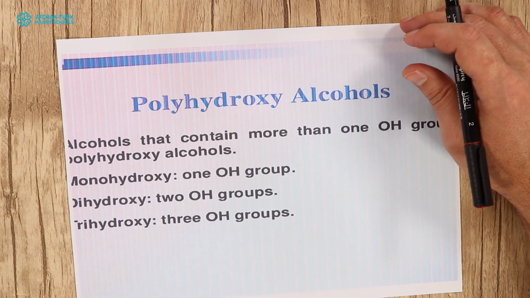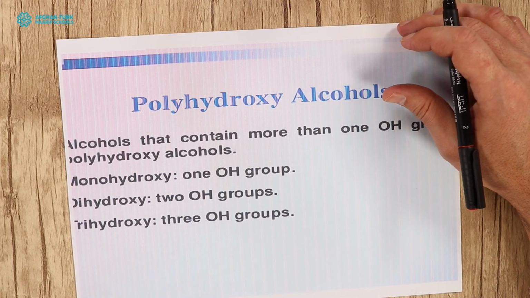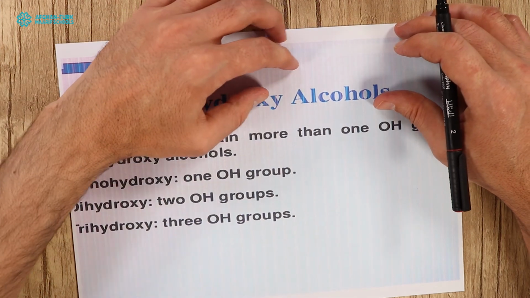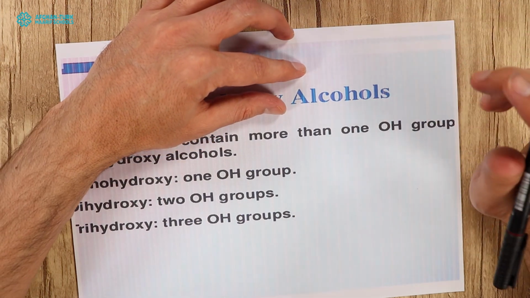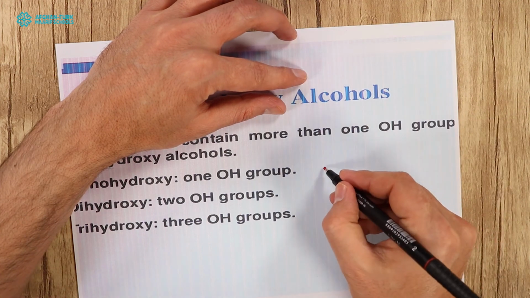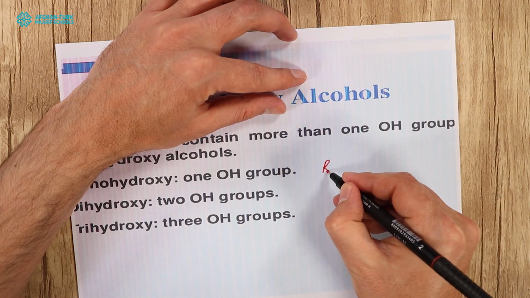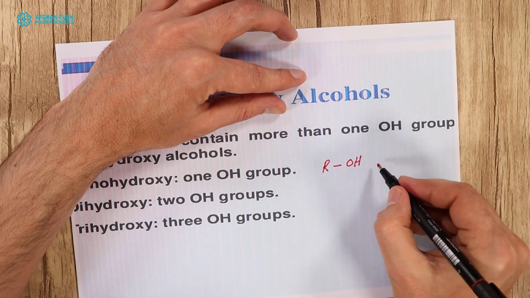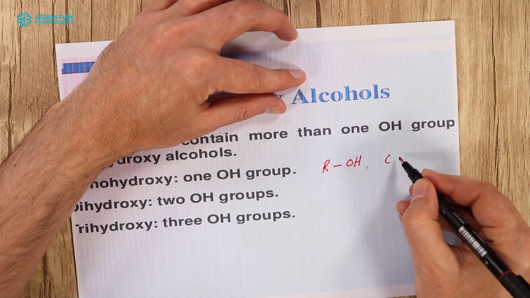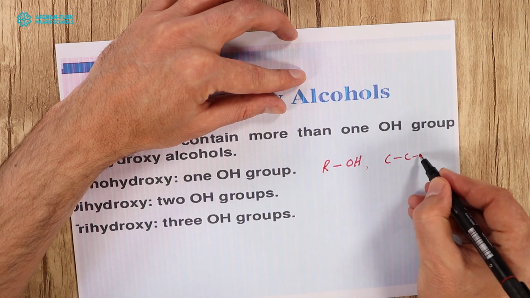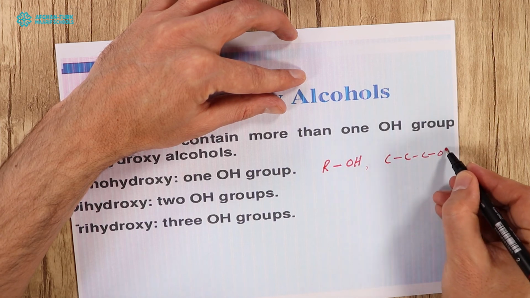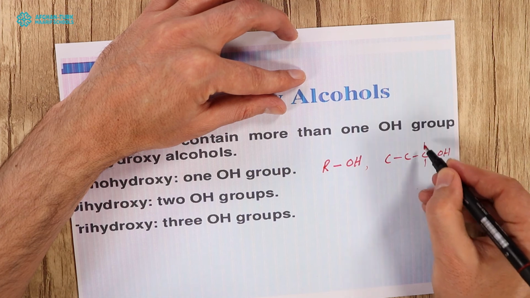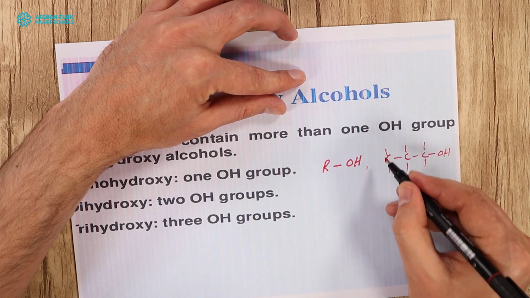Next one is polyhydroxy alcohol. According to the OH groups, those compounds, those alcohols which have only one OH group, like this, for example, look at here. This is ROH, simple ROH. Or you can also take it here, if you have a carbon and the OH group is here, and all of them are attached with hydrogen atoms.